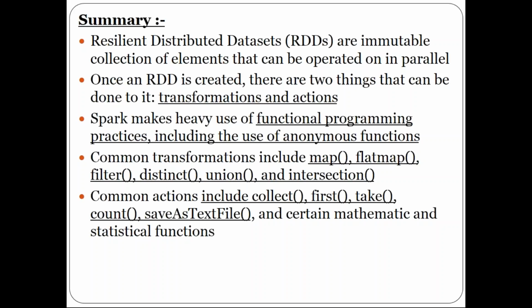Okay. Common transformations include map, flatMap, filter, distinct, union, intersection. Common actions include collect, first, take, count, saveAsTextFile, and certain mathematical and statistical functions. Now, can I quickly check with everyone? Are you happy with this point?